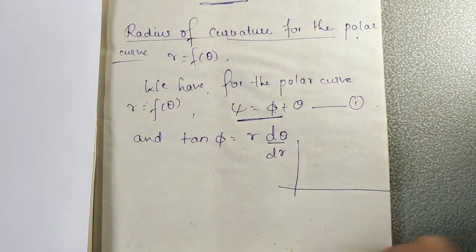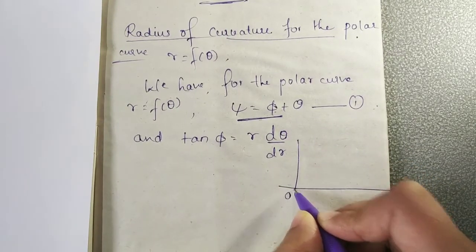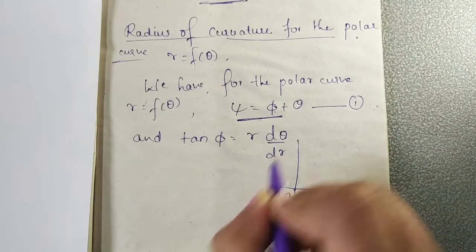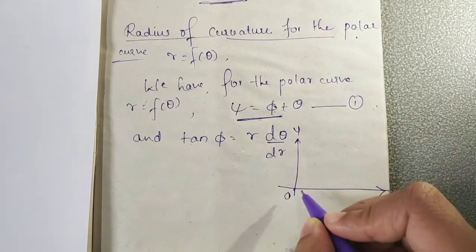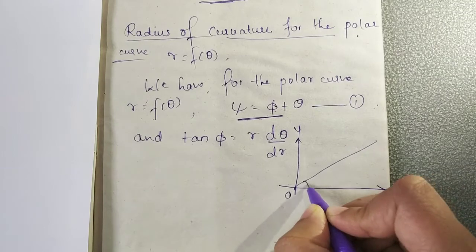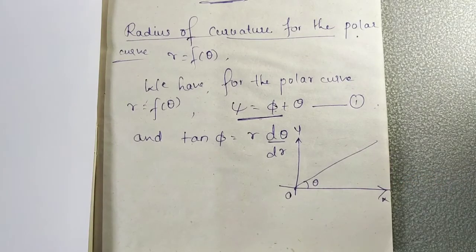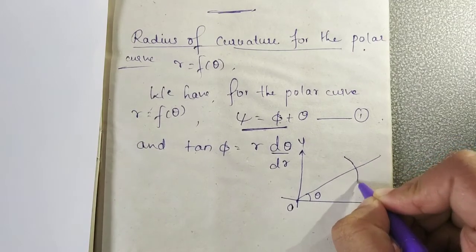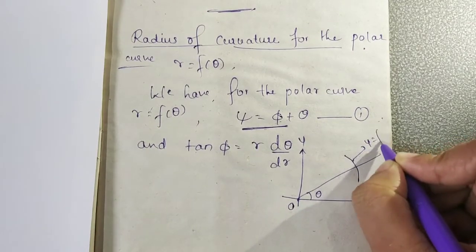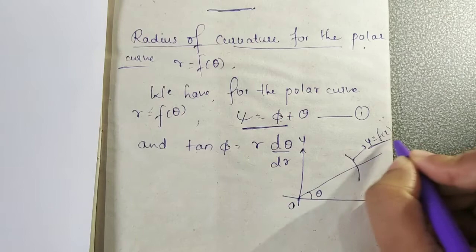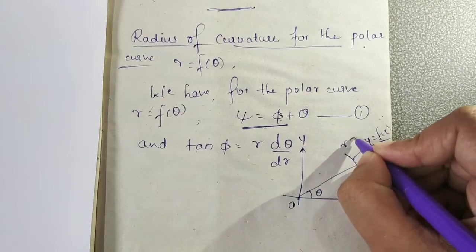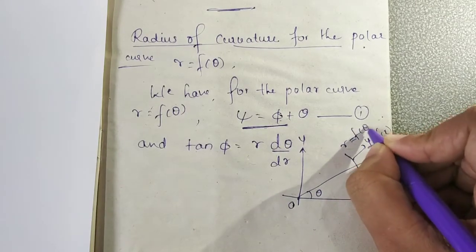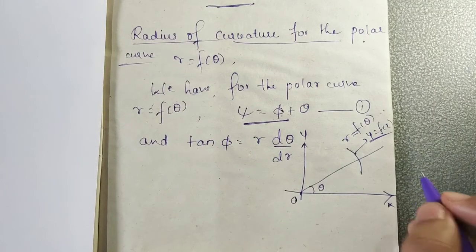Let us study. If you have this as origin, here is the x-axis, here is the y-axis. Here for some angle theta, you have the tangent for the curve y equal to f of x. But this curve in the polar system is r equal to f of theta.